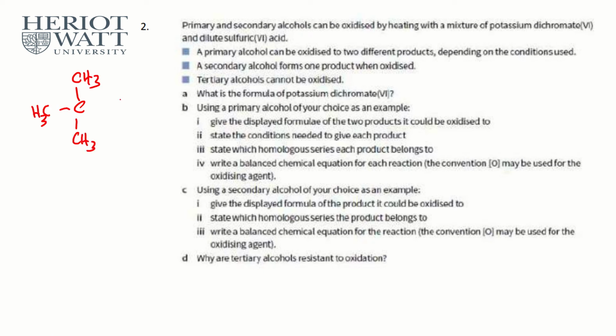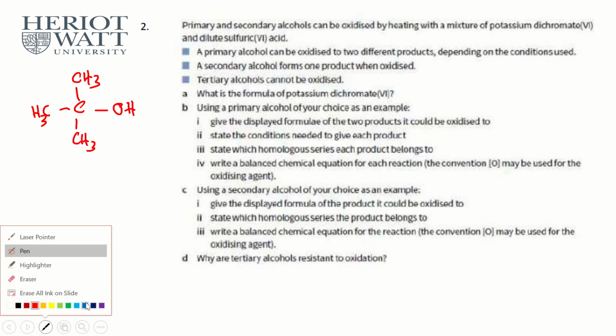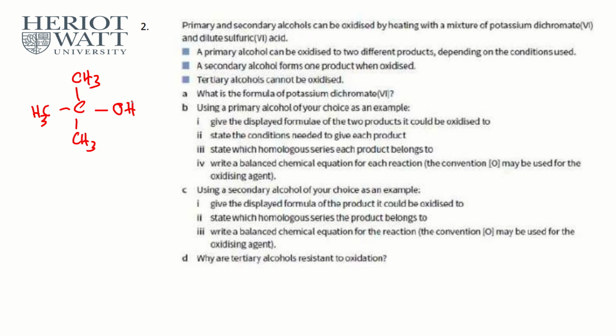The simplest R group is CH3, of course. If you are trying to remove 2 hydrogens for the first oxidation, H from here, we are supposed to remove another hydrogen from the alpha carbon, and sad to say that we don't have any. The carbon is attached to 3 R groups, therefore no other hydrogen is available, therefore it can't be oxidized. You can explain in such a way why it is resistant to oxidation.